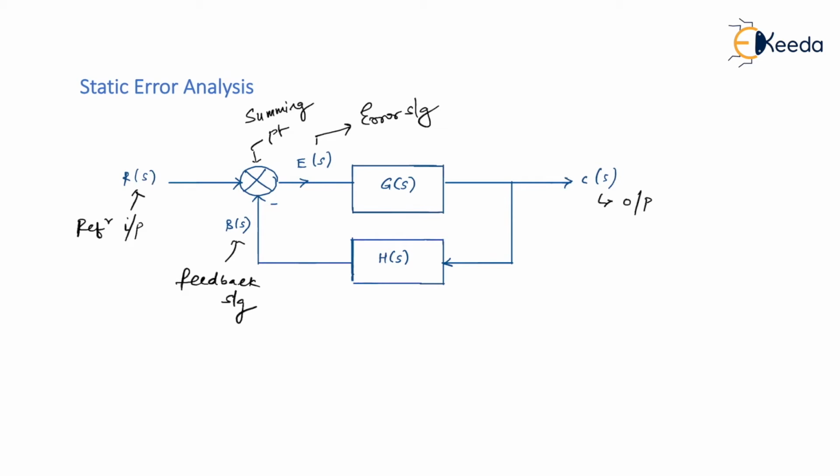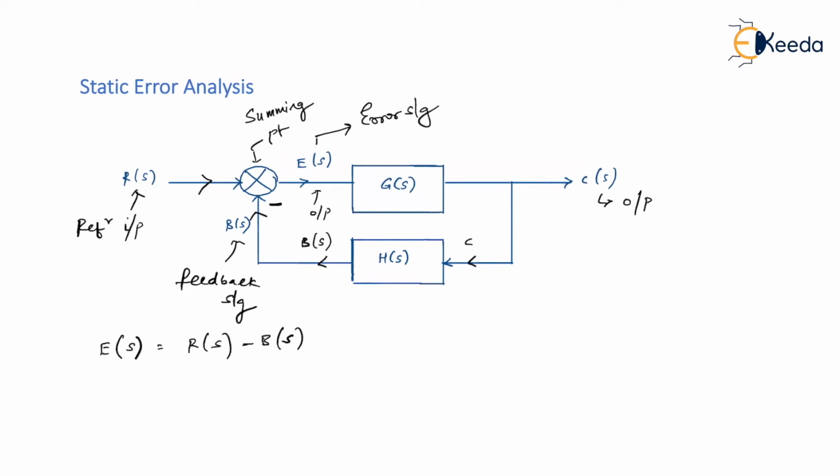As you can see, there are two inputs. One input is R of S, the other input is B of S, which is feedback signal, and we have a negative sign here. So E of S is nothing but output of this summing point. So I can write E of S value equal to R of S minus B of S. Am I right? As you can see, B of S is nothing but output of this block.